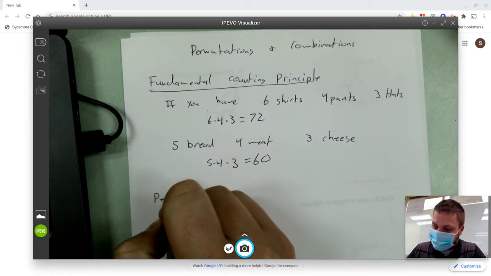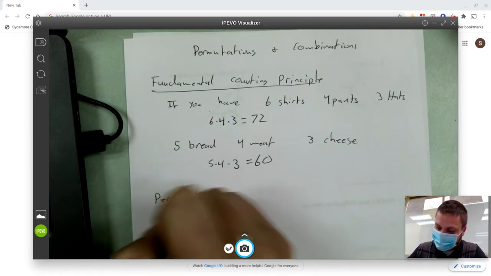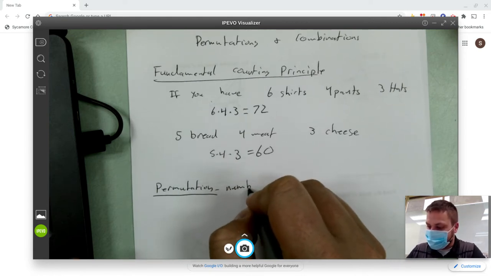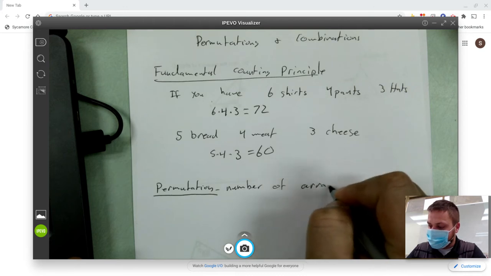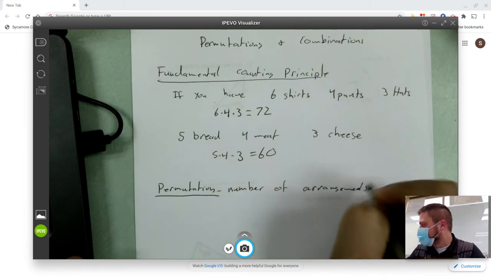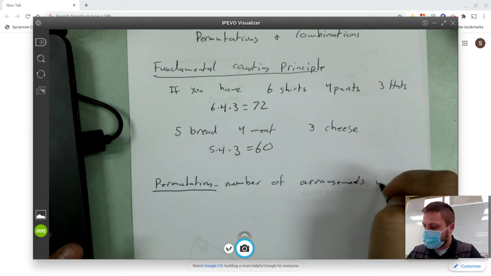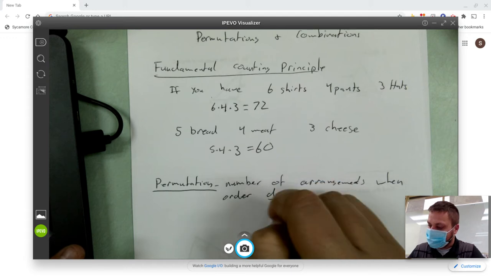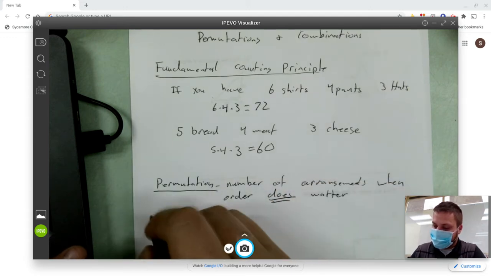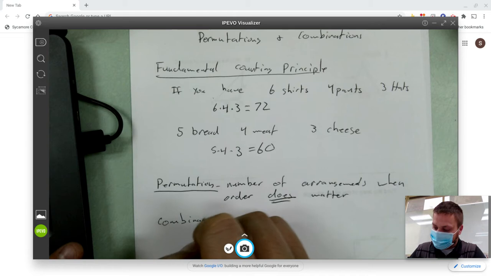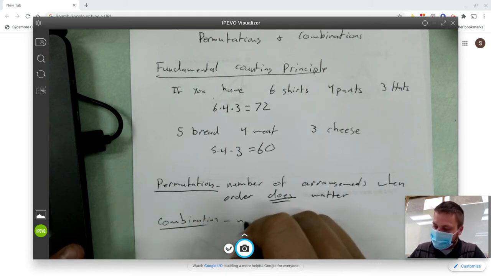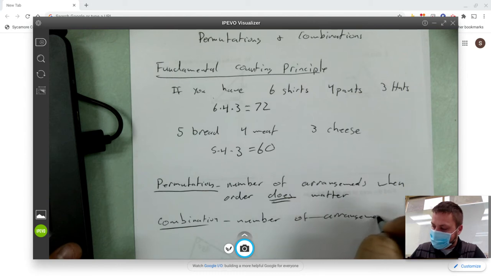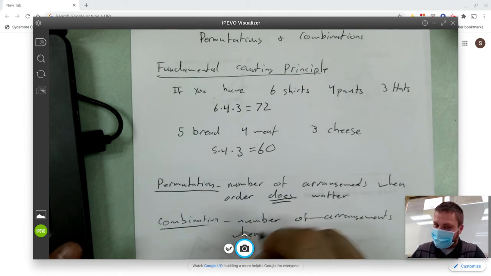So a permutation is the number of arrangements when order does matter. Okay, and a combination is the number of arrangements when order does not matter.